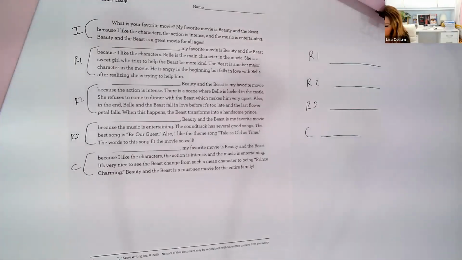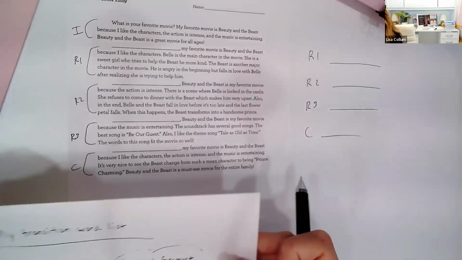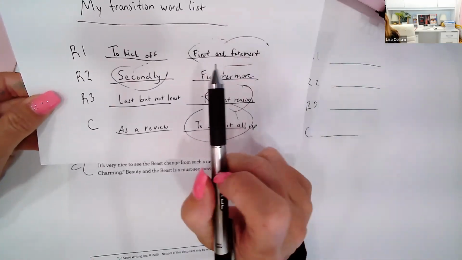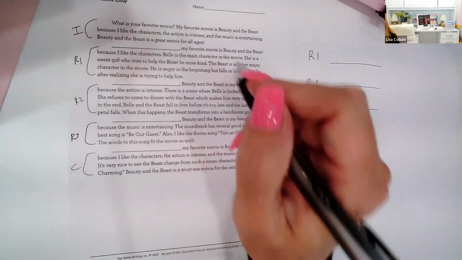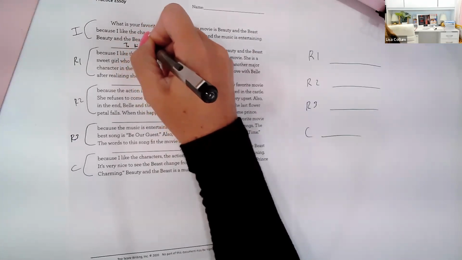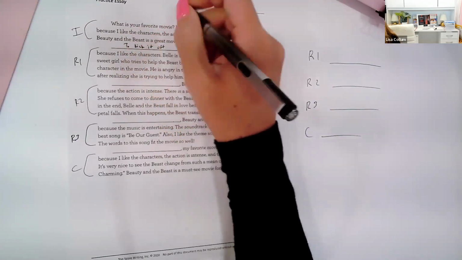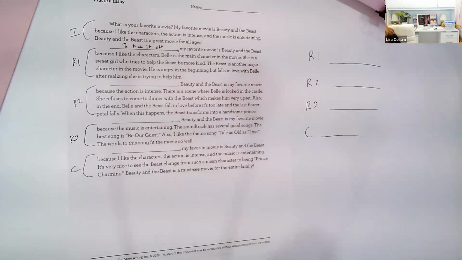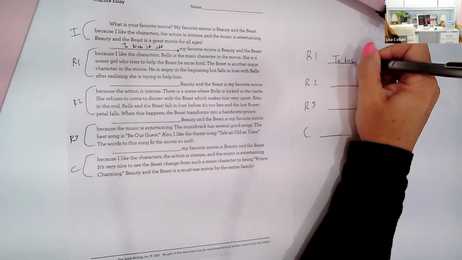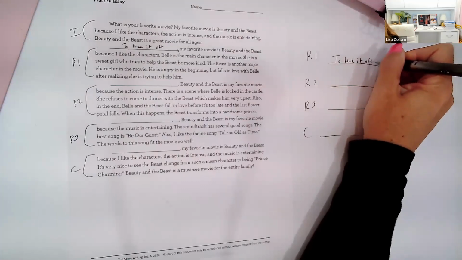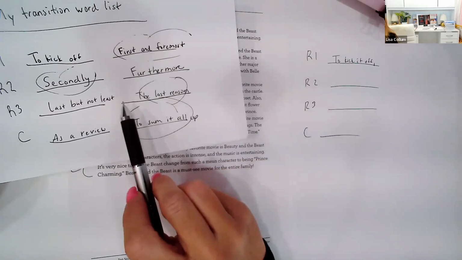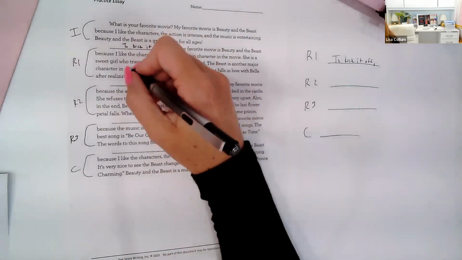Okay, so for R1, this time I'm going to pick to kick it off. Whatever you picked, you could write on your line. Just make sure you always put a comma after so you don't forget. For my R2, this time I'm going to pick furthermore.